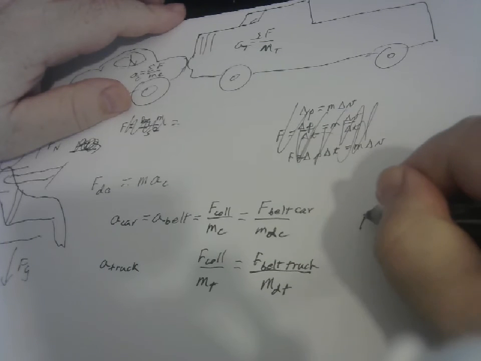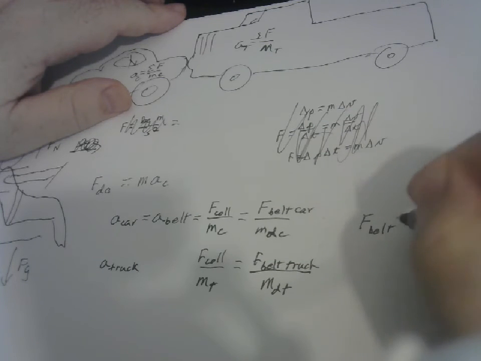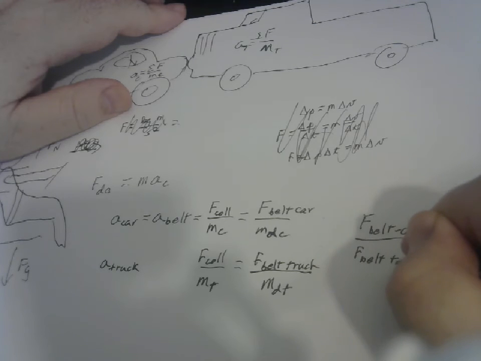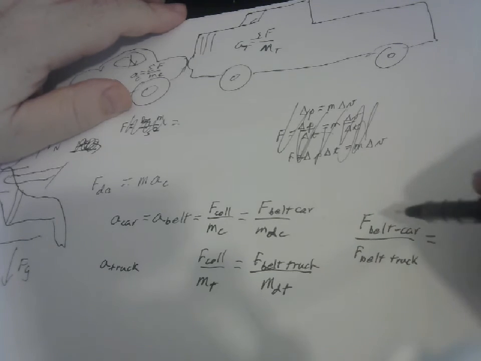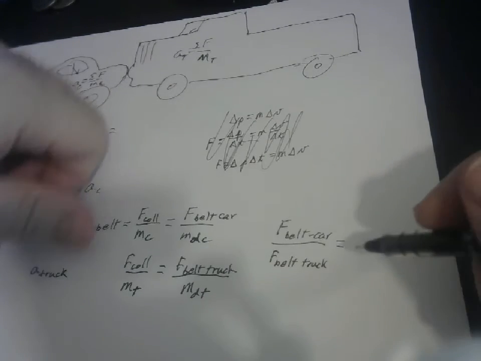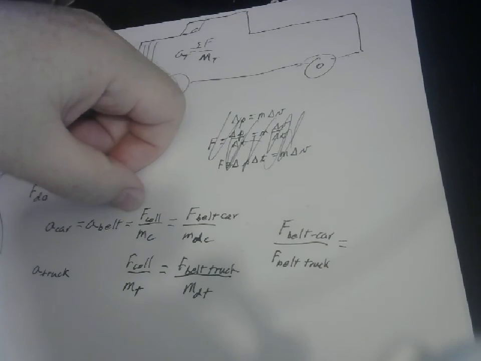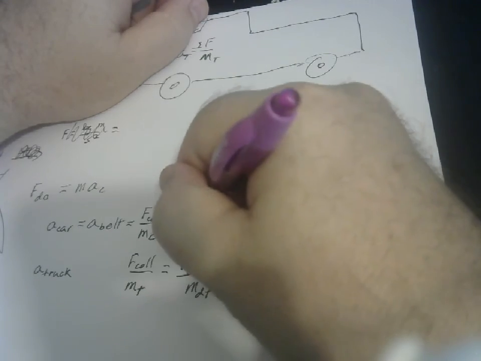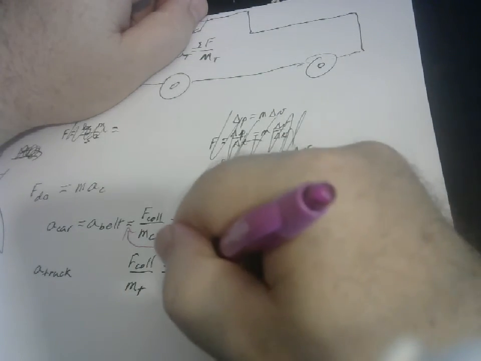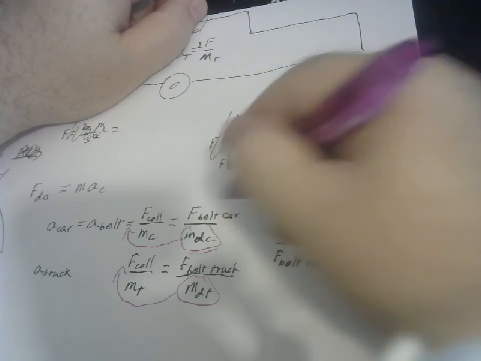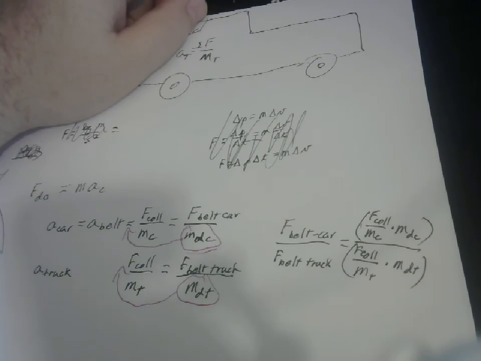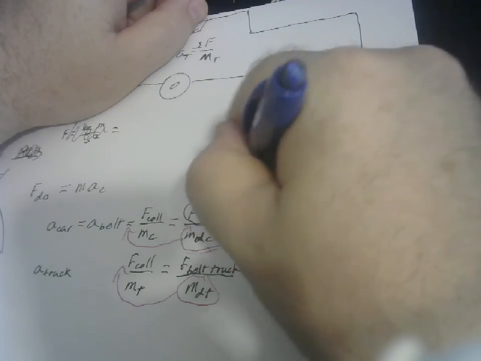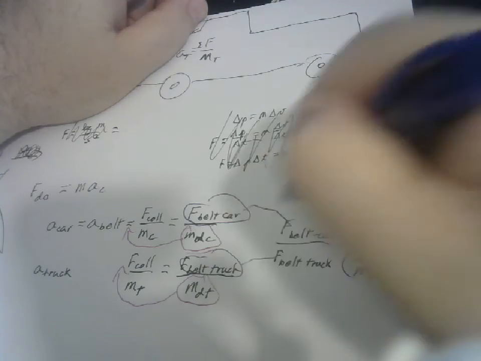So if we wanted to know the force of the belt on the car divided by the force of the belt on the truck, basically I want to take this term and multiply it over there, take this term and multiply it over there, so I can get a division between the force of the belt on the car divided by the force of the belt on the truck.